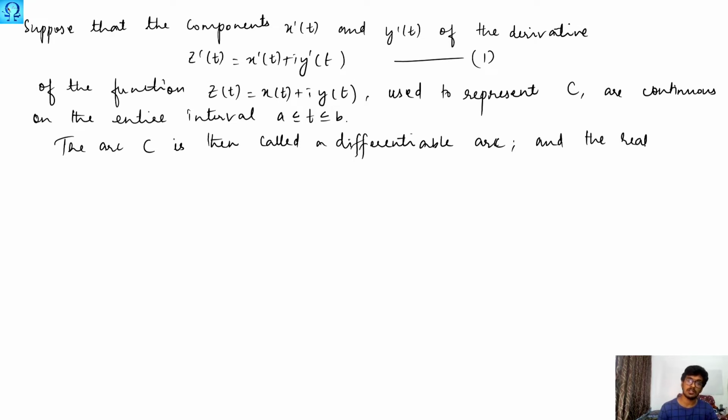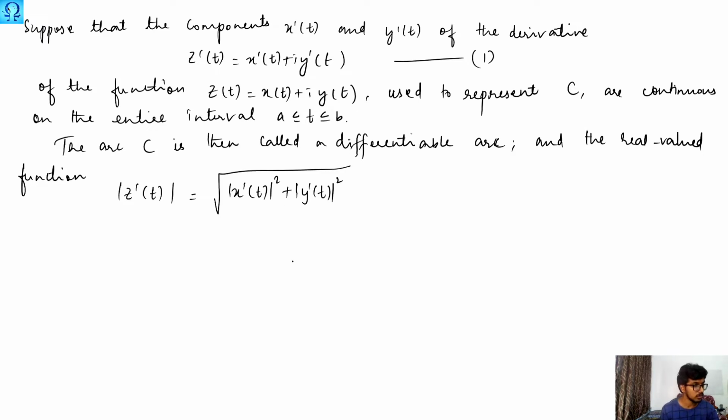and the real valued function, the absolute value of z prime of t, which is the square root of x prime of t whole squared plus y prime of t whole squared, this quantity is integrable over the interval a smaller than or equal to t smaller than or equal to b.